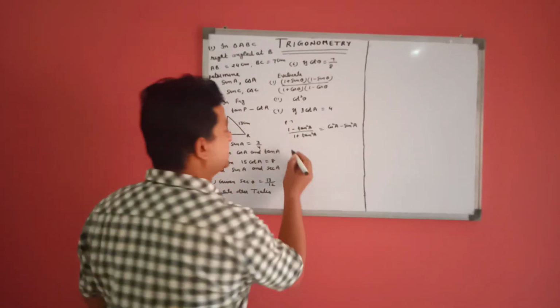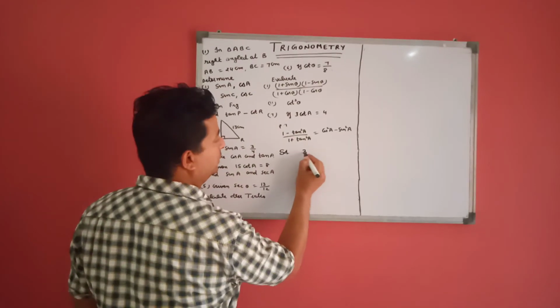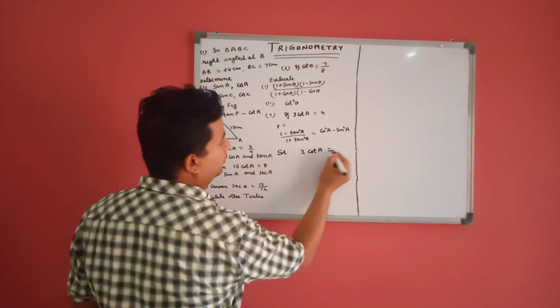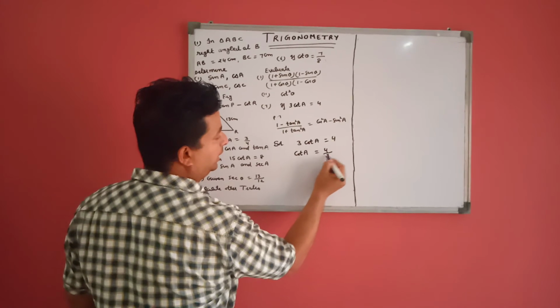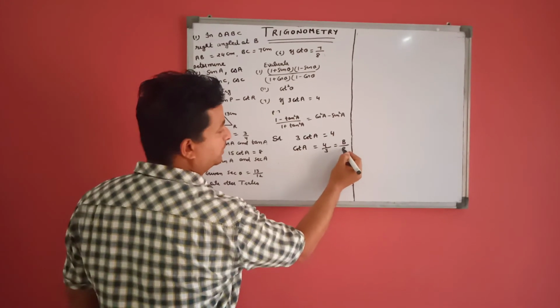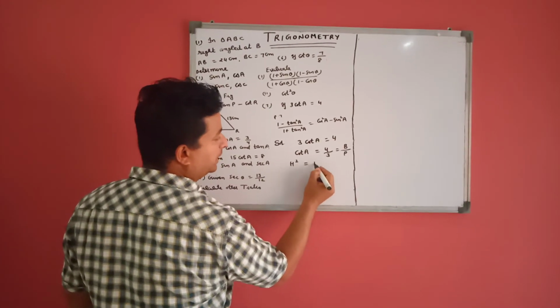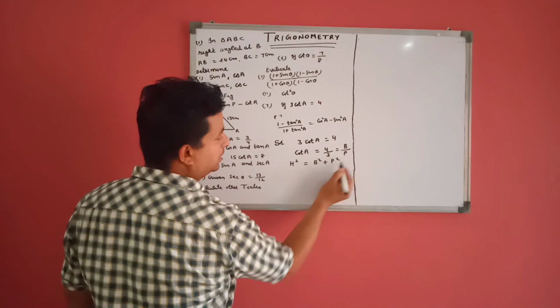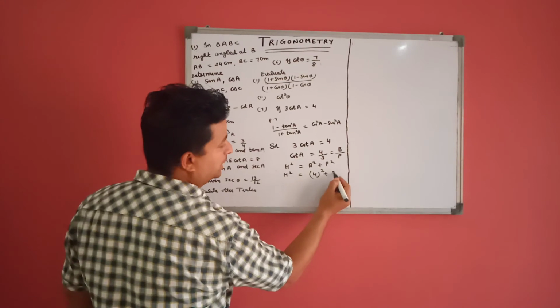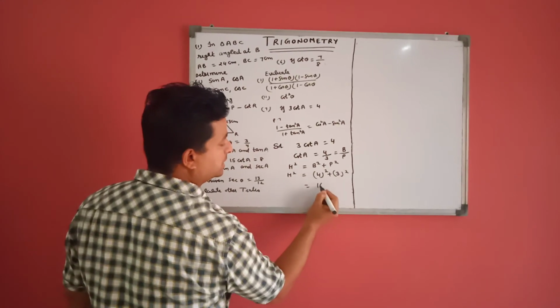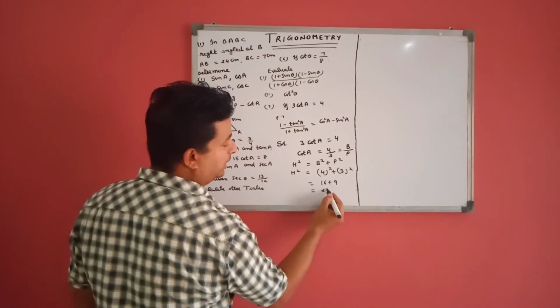In question number 7, we have 3 cot A equal to 4. In this, cot A is 4 upon 3. Cot is base over perpendicular. According to Pythagoras theorem, h square is equal to b square plus p square. This is 4 square plus 3 square, 16 plus 9, 25.